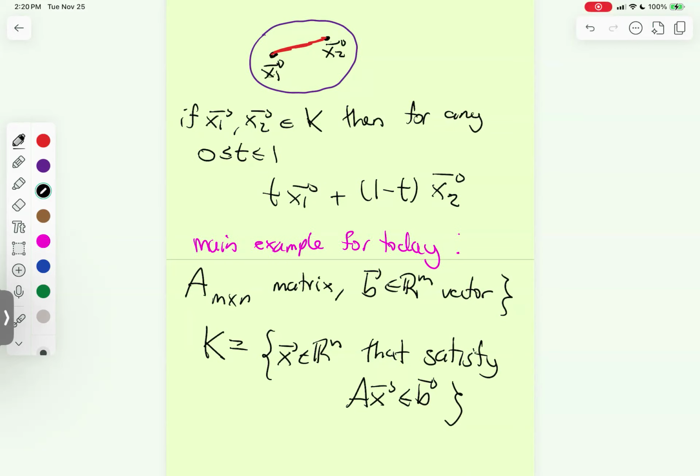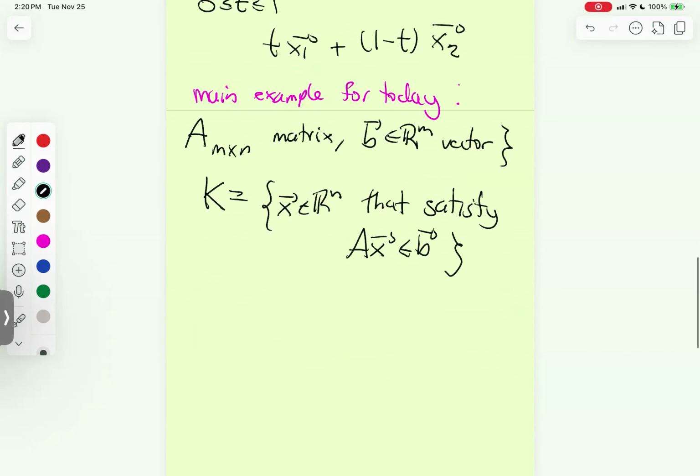Just to do a quick example, these are the ones that you'll see in linear optimization.